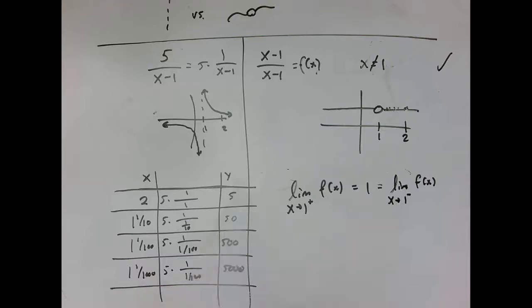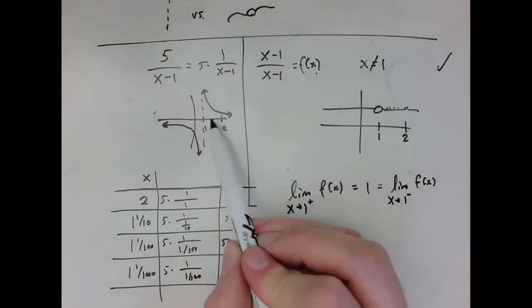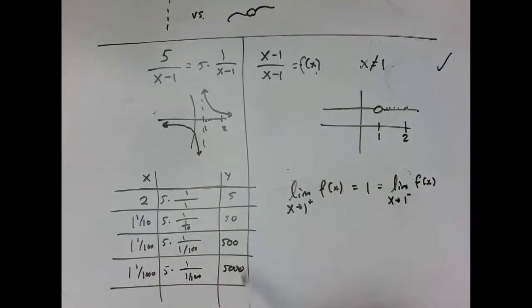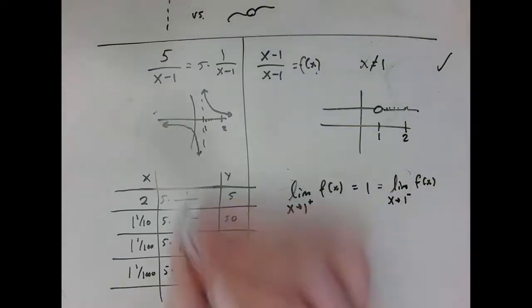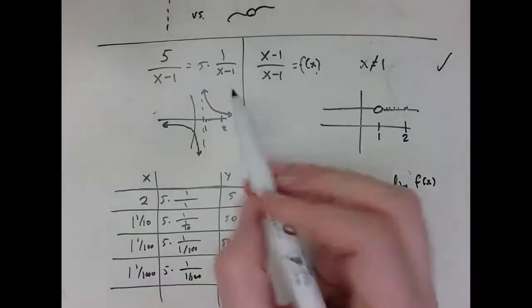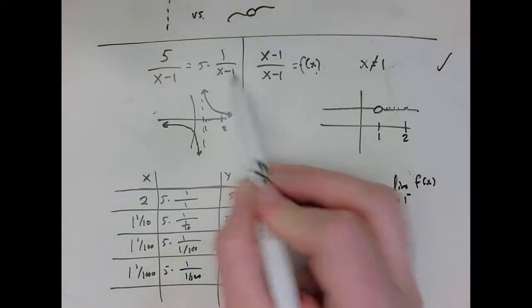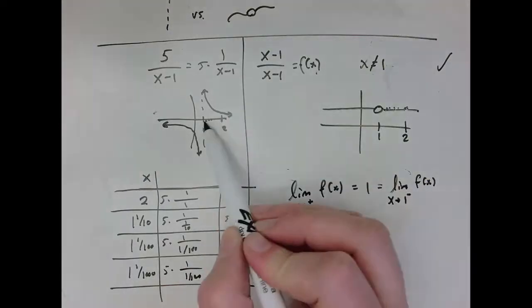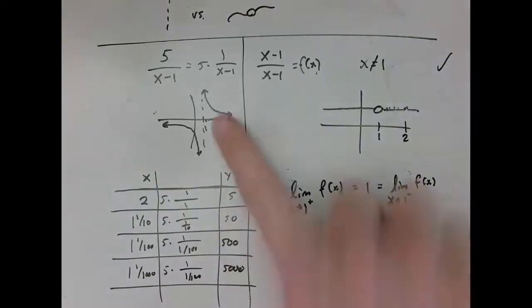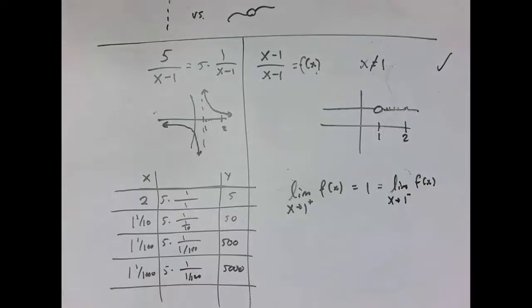So what's happening is, as the x values are getting closer and closer to 1, the y values look like they're getting larger and larger, approaching infinity. And that's why this particular example is producing the vertical asymptote there. It's because as the denominator is getting closer and closer to 0, the overall y value is getting larger and larger, which is what's forcing the curve up towards that asymptote.